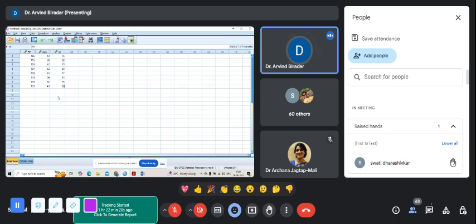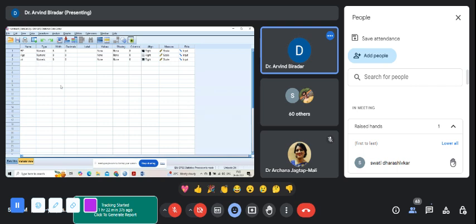So in this case, what is our dependent variable? Anybody? This is a dependent variable.